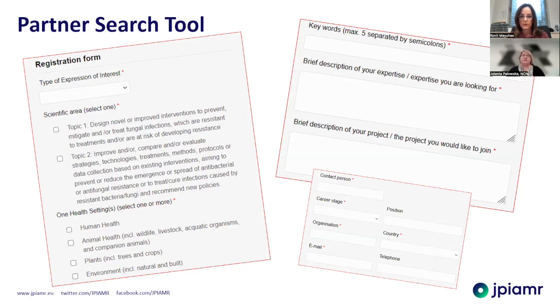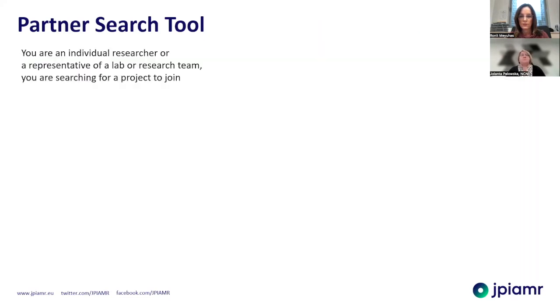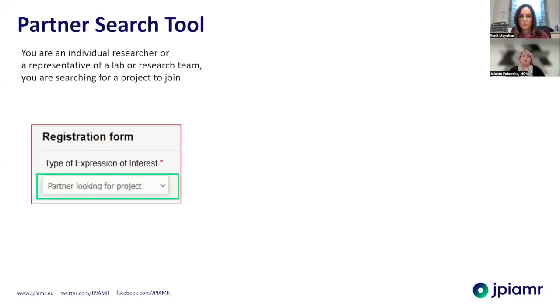So let's take a look at these sections very quickly. If you are an individual researcher or a representative of a lab or a research team, and you're basically looking for a project you may want to join, then you start by indicating that you are a partner looking for project.